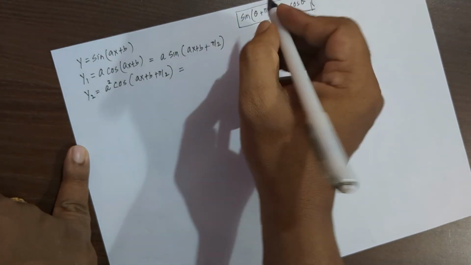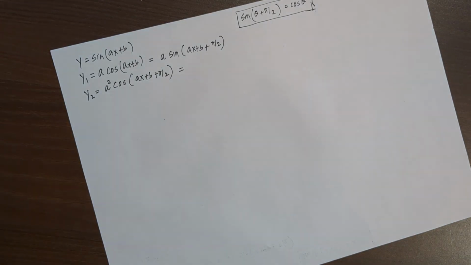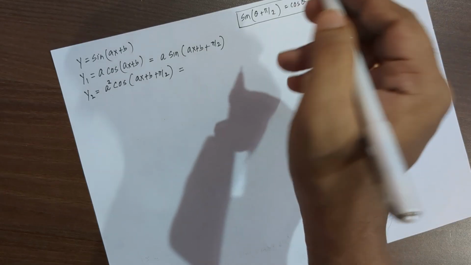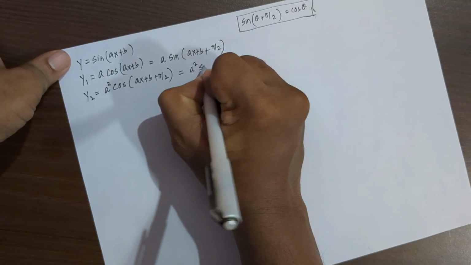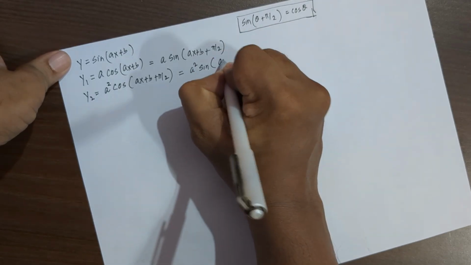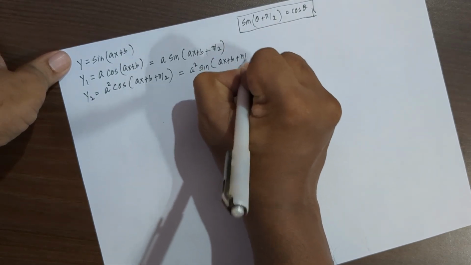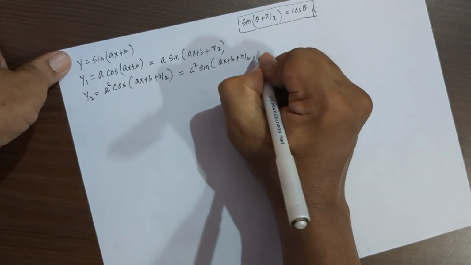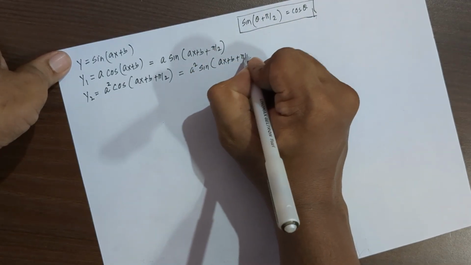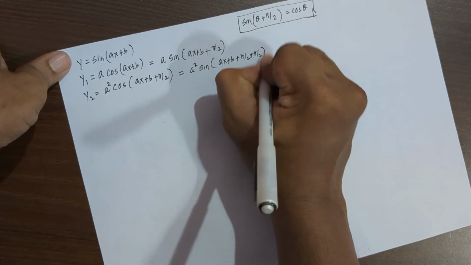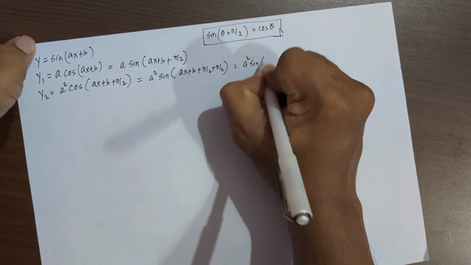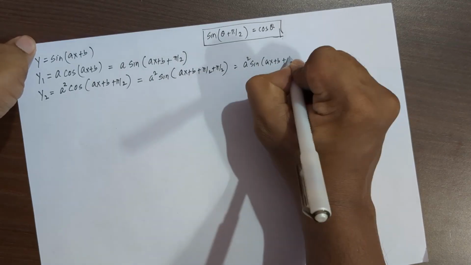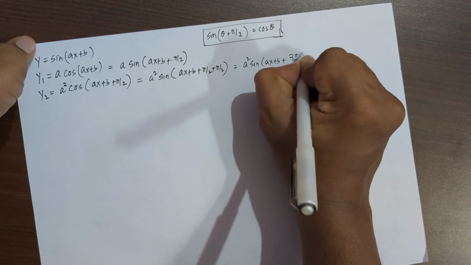And again we can apply this identity, and this identity says cos of theta is sine of theta plus pi over 2. Let us treat this one as theta. This is a square sine of theta, theta is this much, plus pi over 2, or we may write it as a square sine of ax plus b plus 2 pi over 2.